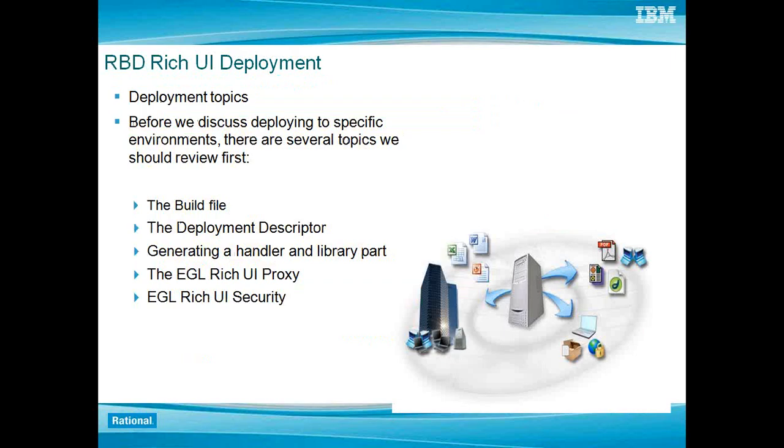Here we have the RBD rich UI deployment options. These are the same things we will be seeing, like what the build files are. As we have talked about, through the build files we set different properties, and based on the build files, the RBD runtime generates different artifacts. For example, in the build file, we have mentioned that we are going to generate JavaScript.